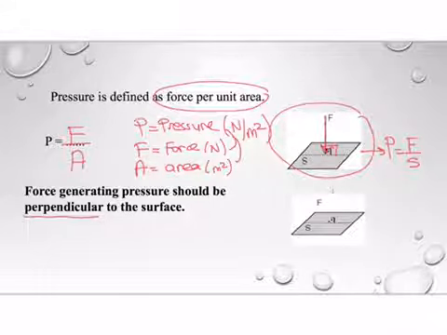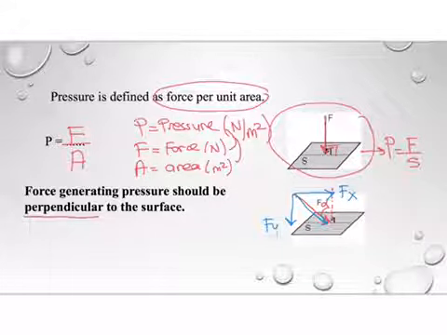But in this example, the force is not perpendicular. It has an angle of alpha with the vertical line. So I'm going to divide the force into components. Now, when I apply this force, I have one component parallel to the surface and one perpendicular to the surface.